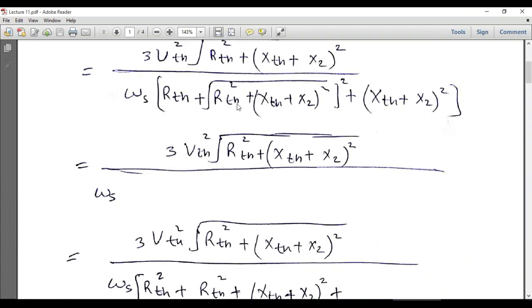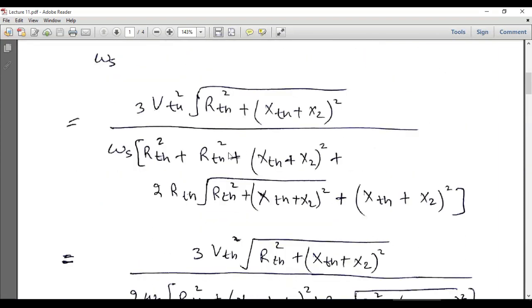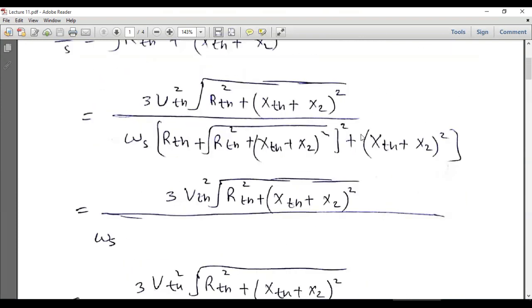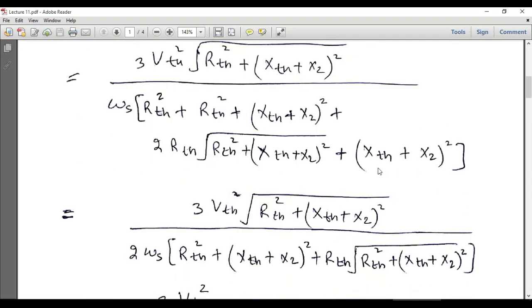A plus b whole square is equal to a square plus b square, where we can see the disappearance of the square root, plus 2ab, 2 times this term multiplied by this term, which is also present over here.